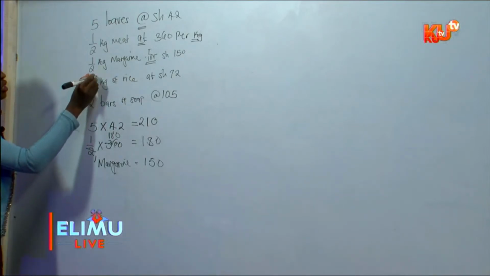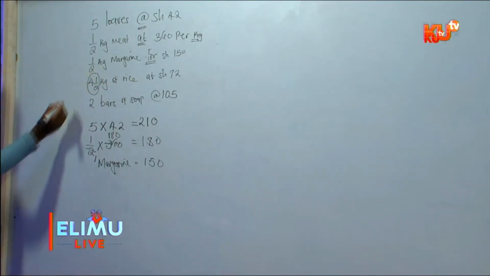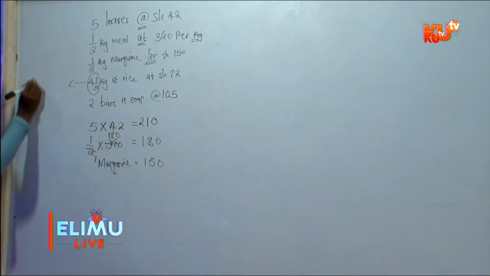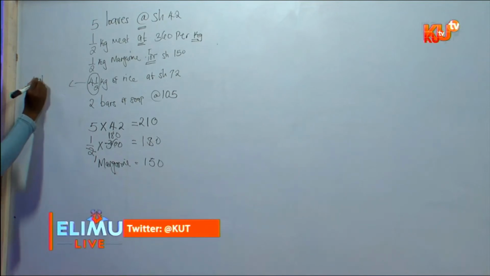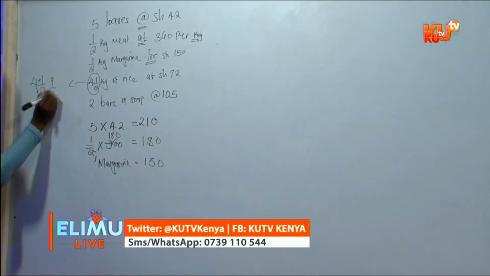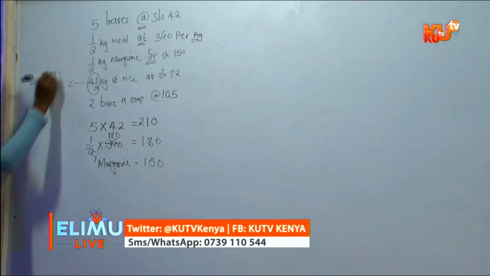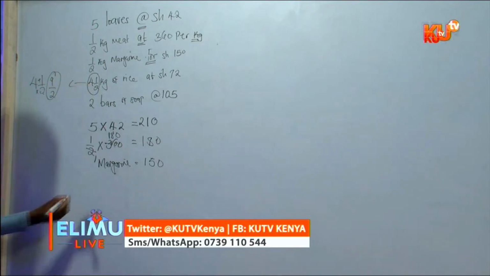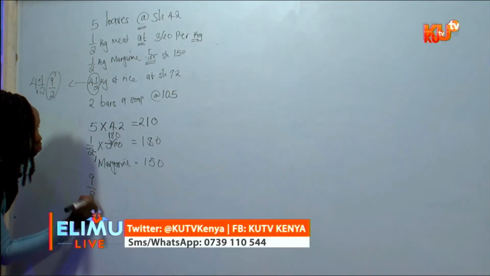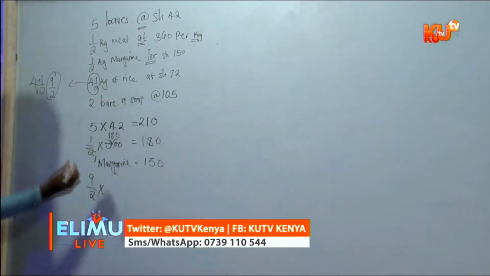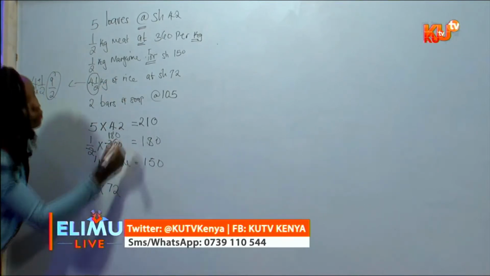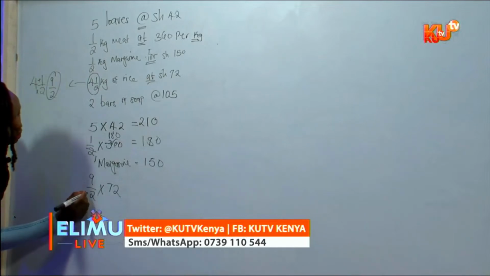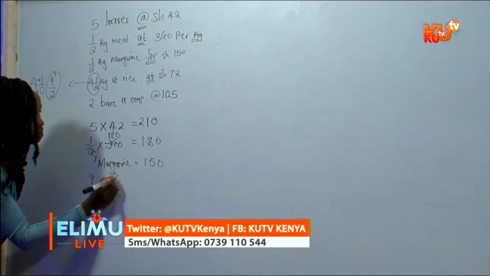Then we have 4.5 kg of rice at 72 shillings. We change this 4.5 to an improper fraction. 4 times 2 plus 1, this is 8, 9. We get 9 over 2. So I'm going to use 9 over 2 instead of 4.5. 9 over 2 times 72. 2 into 72 is 36.